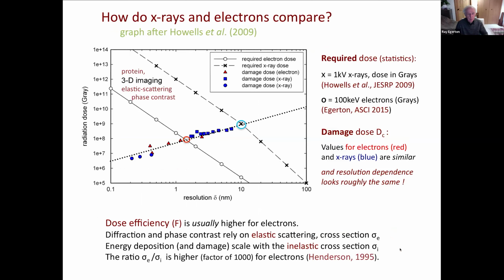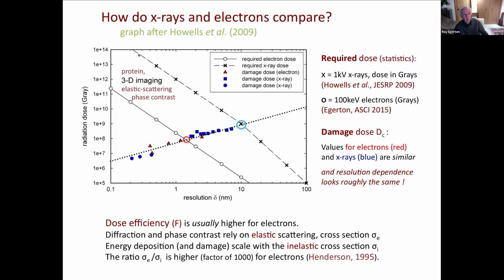It's interesting, I think, to compare radiolysis due to electrons with radiolysis due to X-rays. And this graph here is a modification of one published by Howells some years ago. He plotted the required dose for adequate statistics against resolution, and also the dose that gives damage, and where those two intersect is what we've been calling dose-limited resolution.